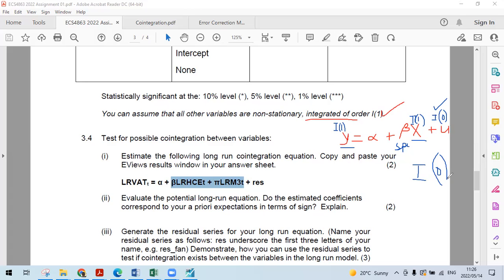We are saying it's stationary in levels. Before you difference it, if you test for stationarity in levels, it means it's stationary in levels. There's no need for you to move to first difference, right?